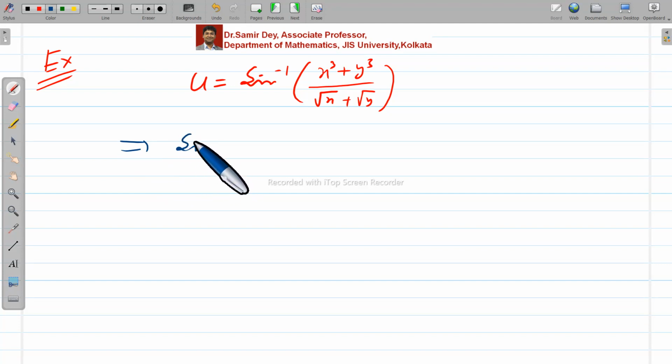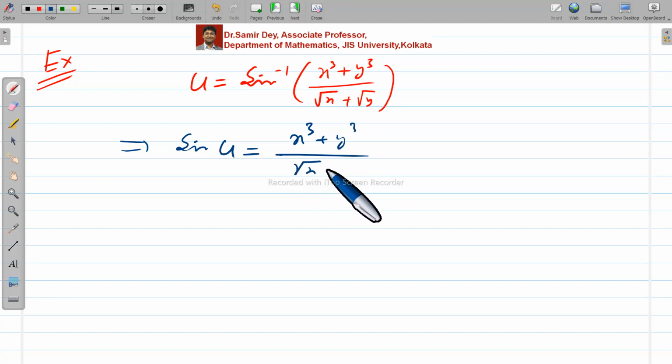You write sine u is equal to (x cube plus y cube) by (root under x plus root under y). Clear? So you may consider this equal to f of x, y, which is directly connected with x and y. So that is your f(x,y). Otherwise you are unable to connect. Are you getting the point? That's why I'm writing sine u.